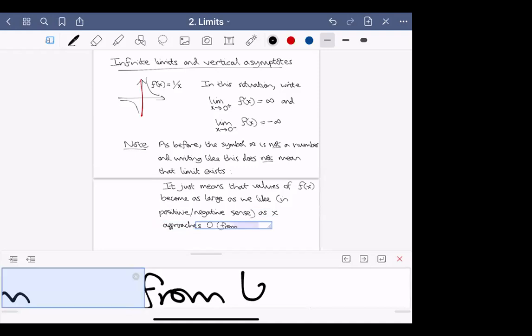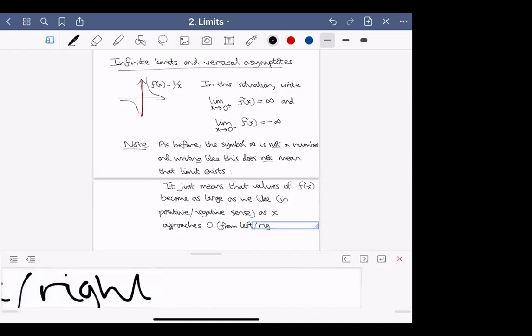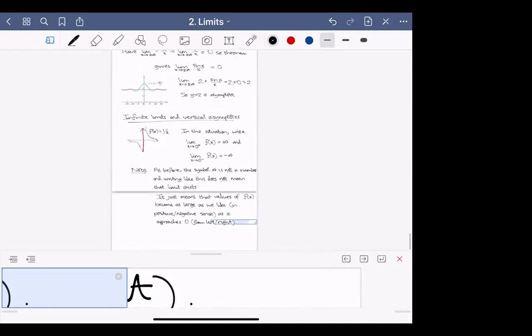And again, we mean from the left or the right. Okay.